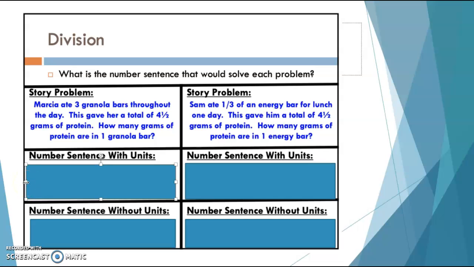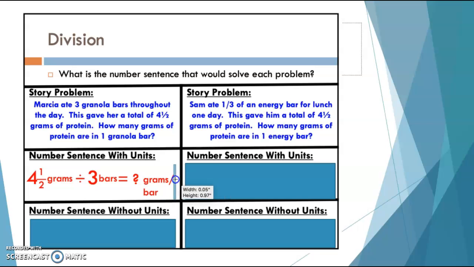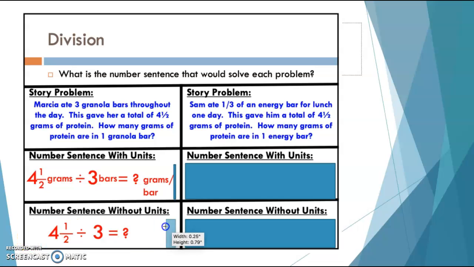Let's look at the number sentence with units. 4.5 grams divided by 3 bars equals how many grams per bar? The number sentence without units would look like this: 4.5 divided by 3 equals.